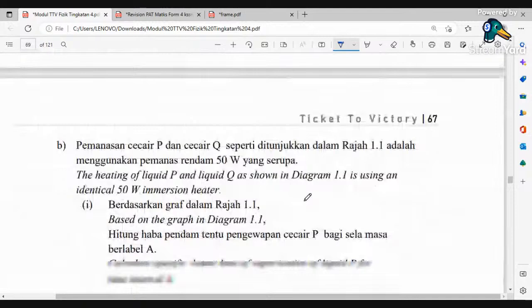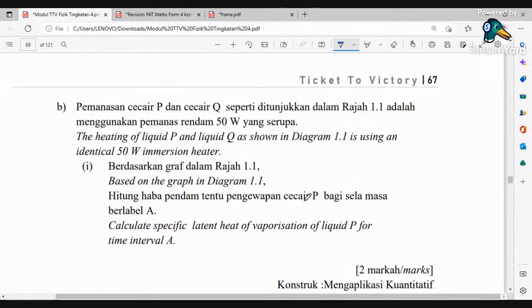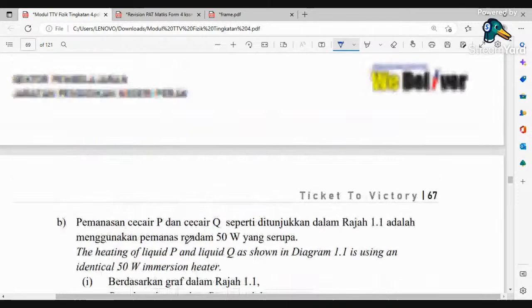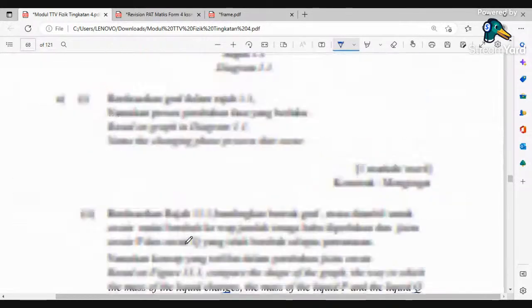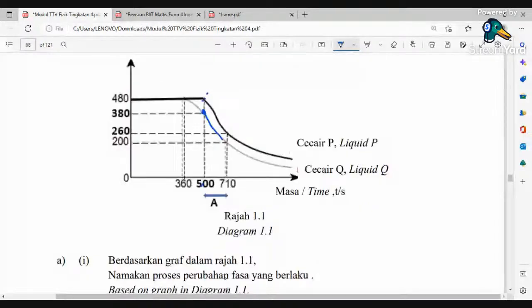Soalan B. The heating of liquid P and Q as shown is using identical 50 watt immersion heater. Calculate specific latent heat of vaporization liquid P for time interval E. Graf balik untuk bahagian ni saja. Okay, you nampak tak?